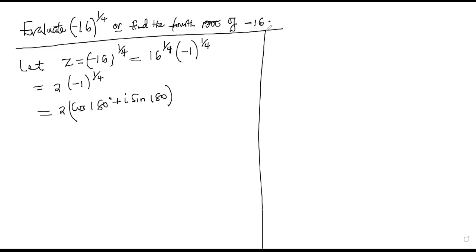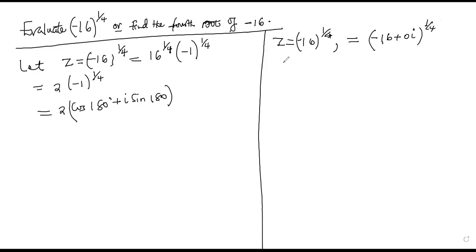Someone may wonder how I've gotten here. I'm just trying to show you how I've reached here. Since I let z be negative 16 to the power of a quarter, it would mean that this is the same as negative 16 plus 0i. We don't have the imaginary part, but it is to the power of a quarter.